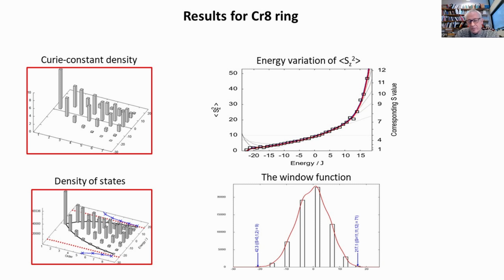And if you use the orthogonal polynomials to compute the energy variation of SZ squared, you see actually it's the red line, which actually straddles all the points from that curve we computed before, from the correct ones.